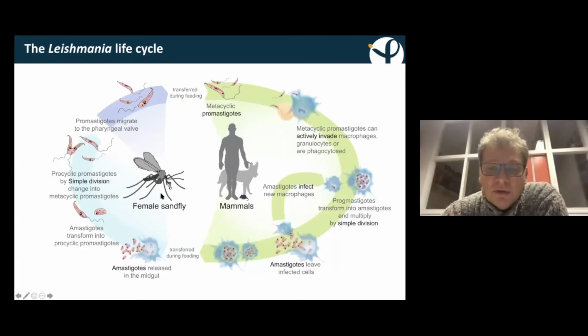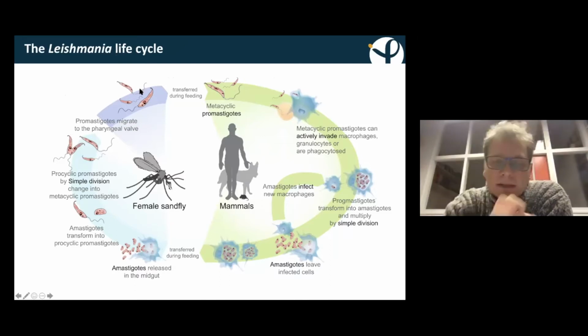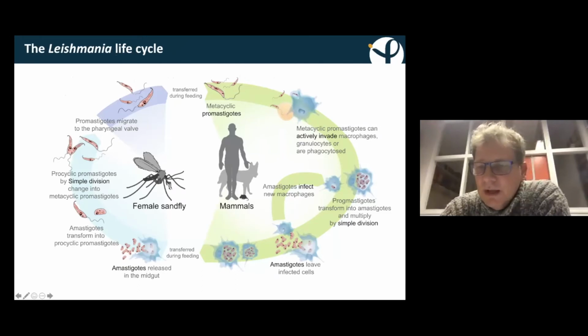You have two different types of hosts: an insect host, which are these sandflies, and a vertebrate host, rodent, dog, human, cat, cow, whatever. In one part you have this motile flagellated form that is more needle shaped, and then once it's introduced, these parasites are taken up by macrophages, where they proliferate and of course cause the very bad immunopathology.